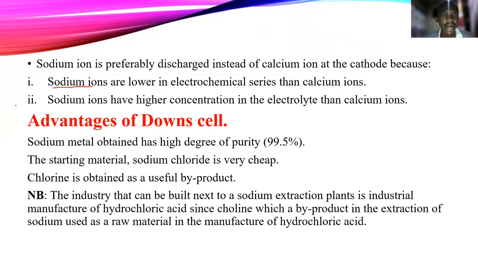Sodium ions also have a higher concentration in the electrolyte than calcium ions. So you can be asked, why is sodium ion preferably discharged instead of calcium ion at the cathode? You should be able to know that. These are the reasons.